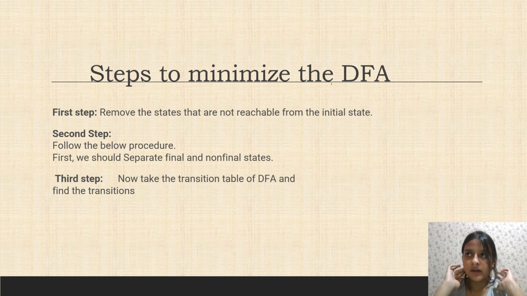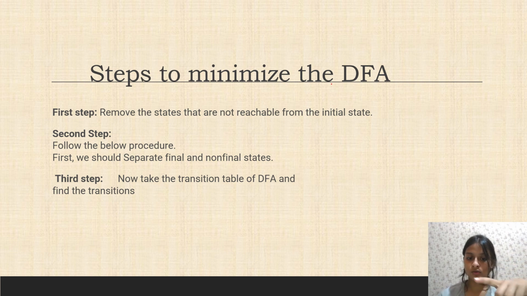In the given diagram, with states Q0, Q1 and Q2, we need to figure out which state is not reachable, meaning we cannot reach that place because there is no input symbol leading to it.